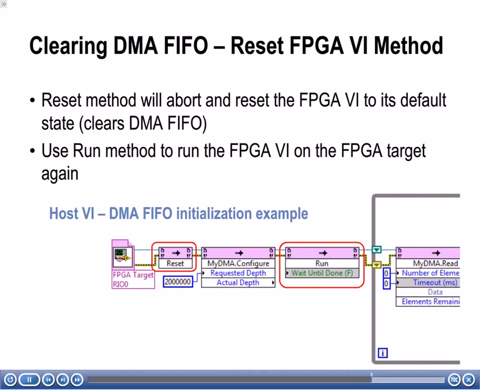Then we configure our DMA and ask for a host buffer size, and then we run it again. Once we've reset it, we've stopped the actual FPGA VI from running, so later on we have to do a run method to make sure the FPGA is up and running before we enter the main part of our program.